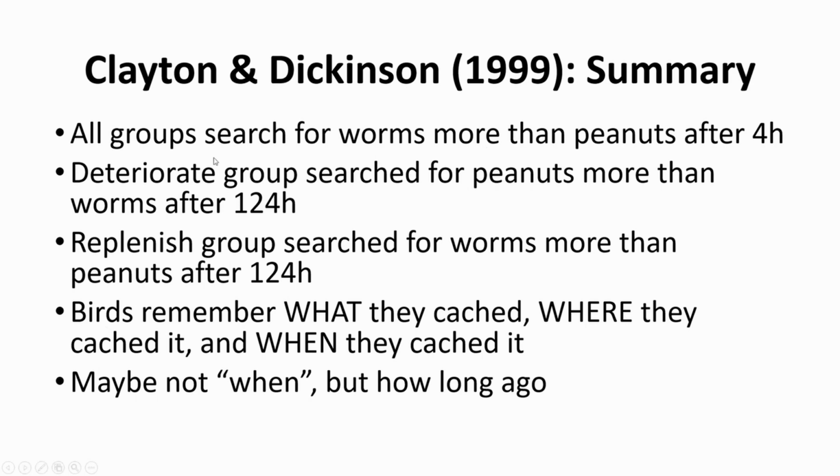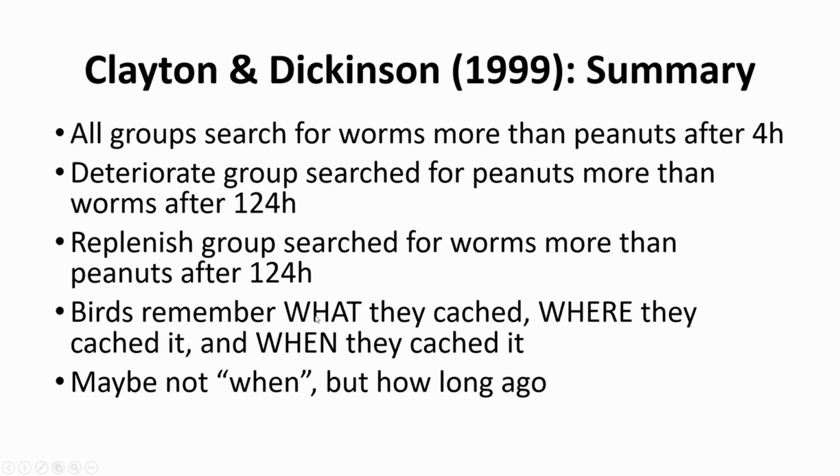So as our summary, all groups searched for worms more than peanuts after 4 hours if the worms were still whole. The deterioration group searched more for peanuts than for worms after the long period of time. The replenished group continued to just go for worms after the long period of time.